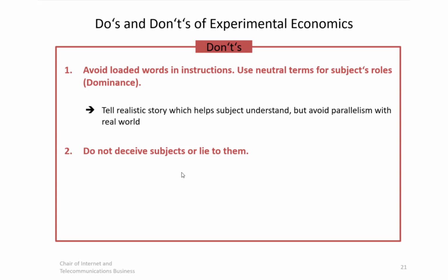And finally, do not deceive or lie to them. That's a crucial point, because you want the subjects to trust you and to know that if they behave in a certain manner, they're going to get exactly what they were promised and they're not being lied to. Okay. And with all these do's and don'ts, you can do a better experiment and also get the results that you're looking for.